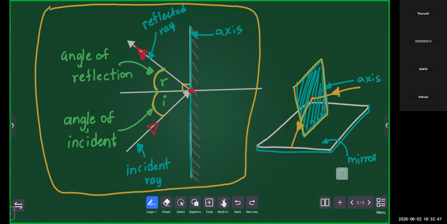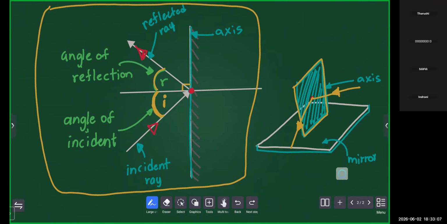Don't worry about it. The second law is that the angle of incidence is always equal to the angle of reflection. Here, if we check the value of I, you know the angles lesson I explained in the mathematics lesson. Can you remember how to measure the angles here?